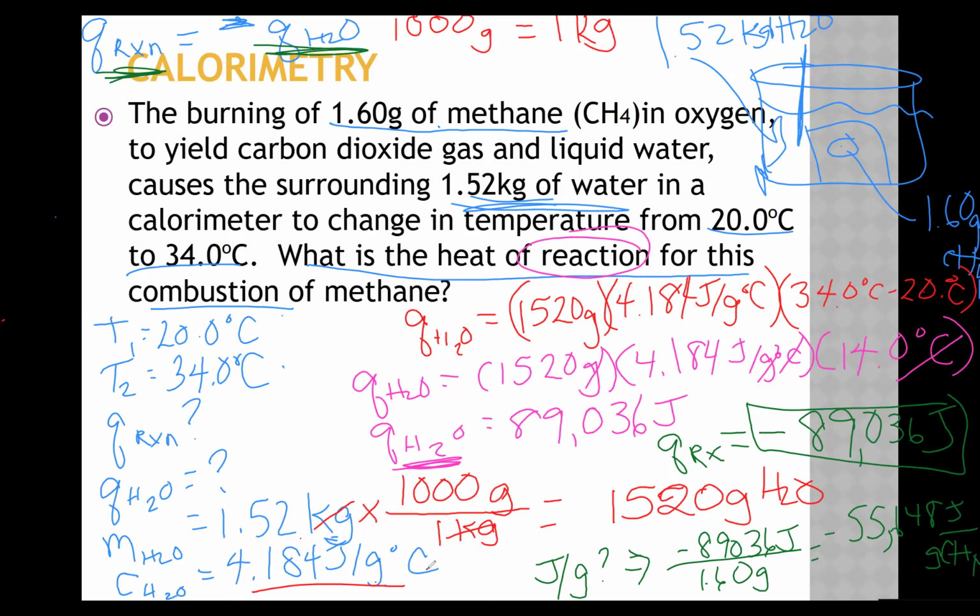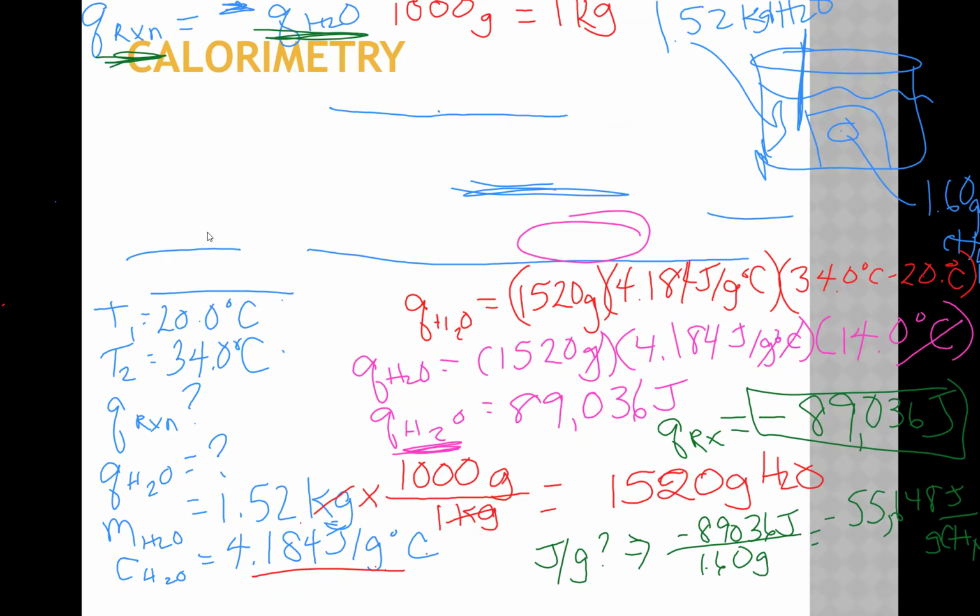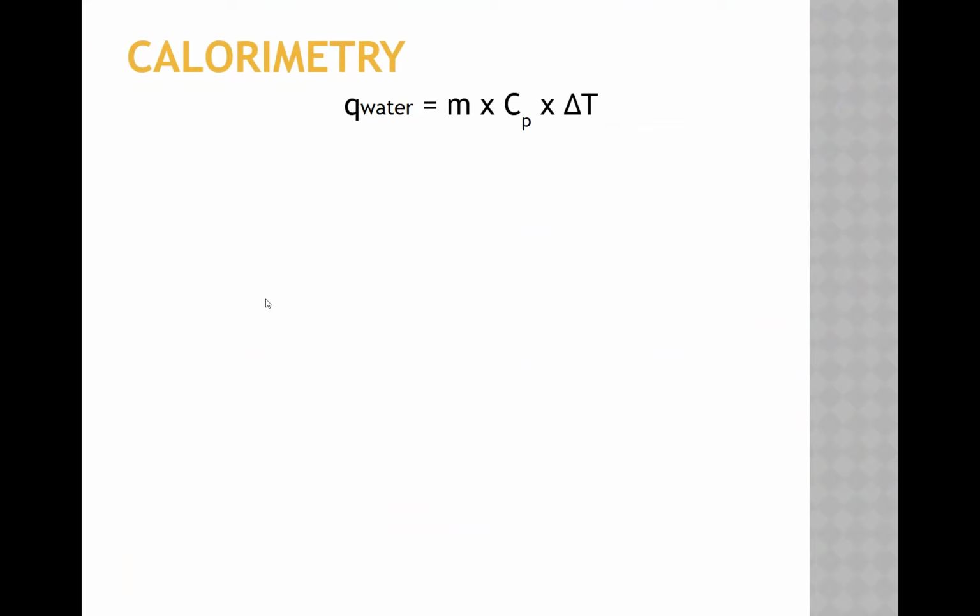So that you could find the amount of energy per gram, if that is what you wanted to find. The question didn't ask for it, but you can take it one step further if you so desire.